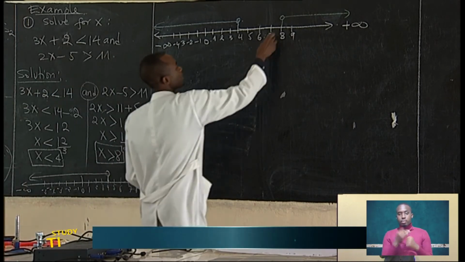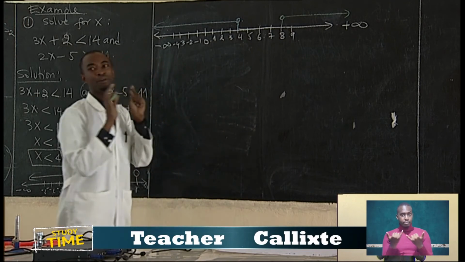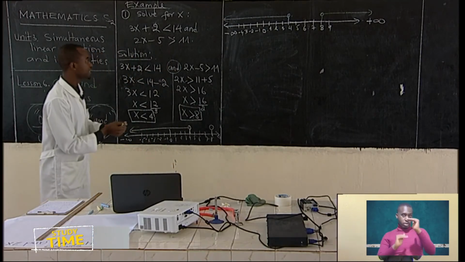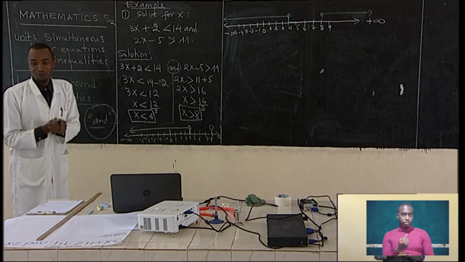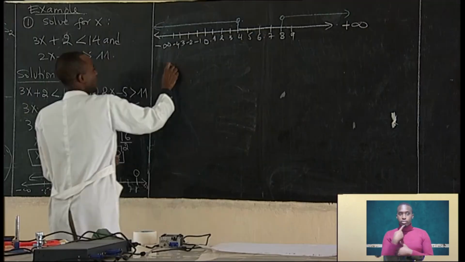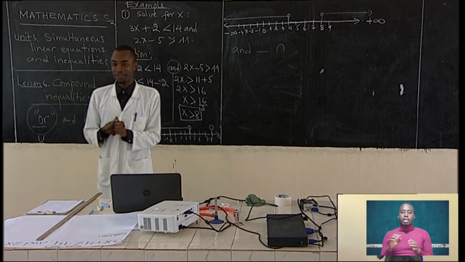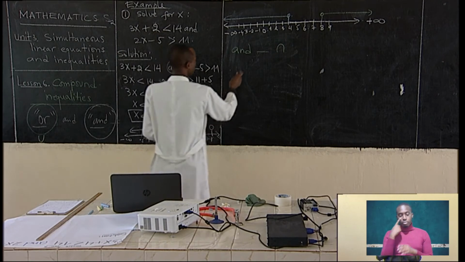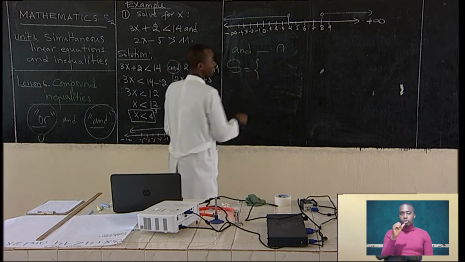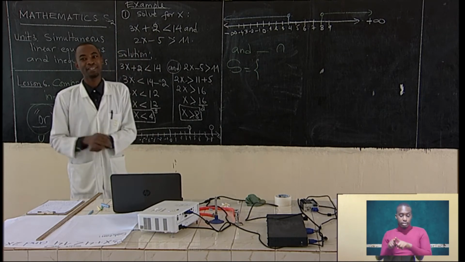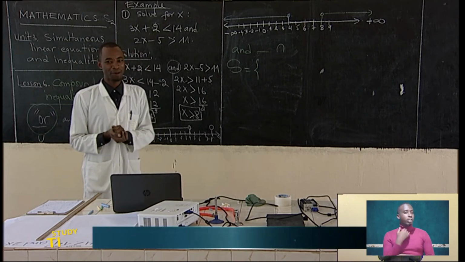You see? Now, for our compound inequalities, I think you remember what we said on the word and. When I have and, I need to look for the intersection. When I look for the set of solution, do we have numbers in common for these two inequalities? I want you to check well. Do we have them?